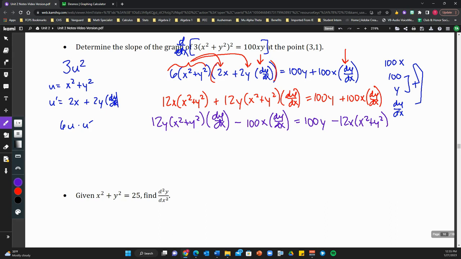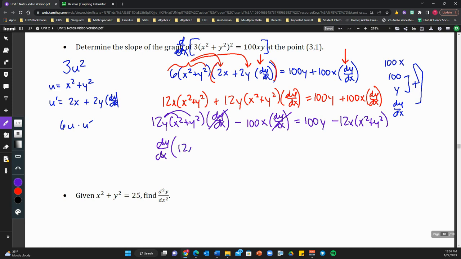Now we can factor out our common factor of dy dx. Okay, now when I do that, they're removed from these terms. So what is left behind is all of this stuff. So this stuff is just a product of this term. So what I'm going to do is two steps at once. I'm going to distribute the 12y into both of these guys and then write the result of what's left over here.